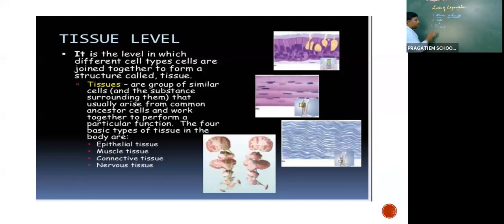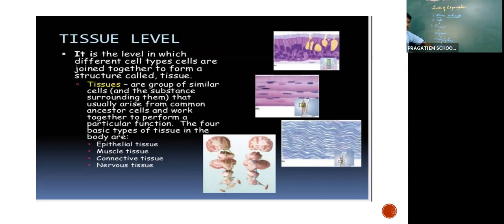Tissues is the third level, the organized level. This is not the full organism, no. Again, the tissues are combined to form organs. These are also not the full form of the organism. The organs are composed to form organ systems. Again, these organ systems are composed to form one individual organism.